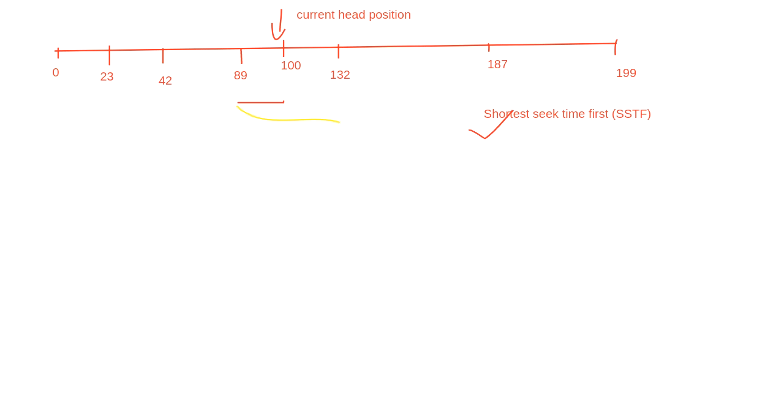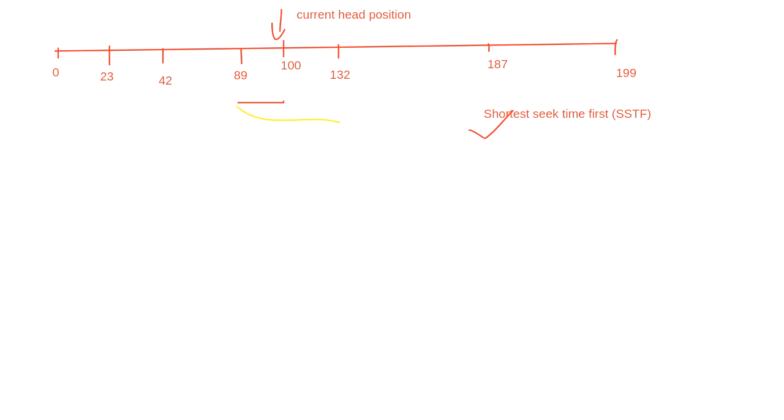So going from 132 to 187 is 55, but let us check, moving from 132 to 42 is how much? 132 minus 42 is giving you 90. So which is shorter?